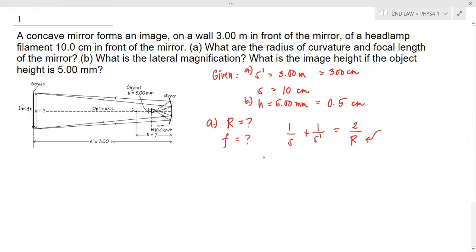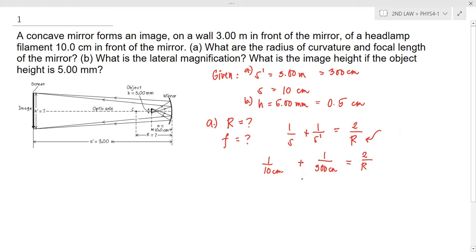Plugging in the values, 1 over 10 cm plus 1 over 300 cm equals 2 over R. Note that before calculating, if they have different units in the given, you must convert them so they have similar units.